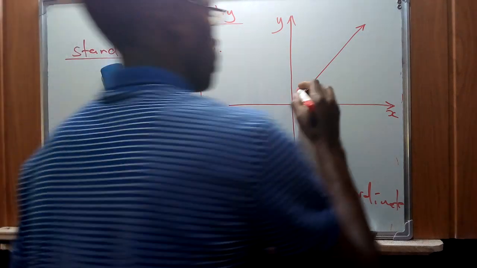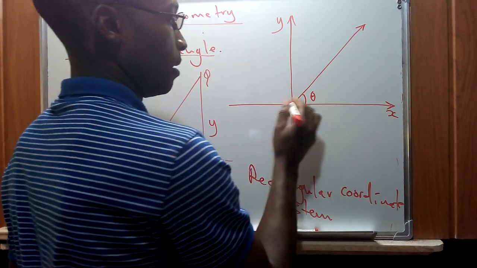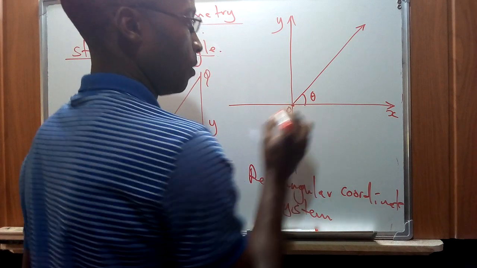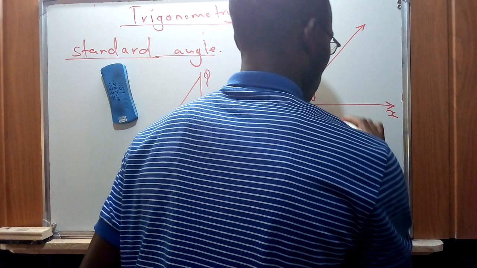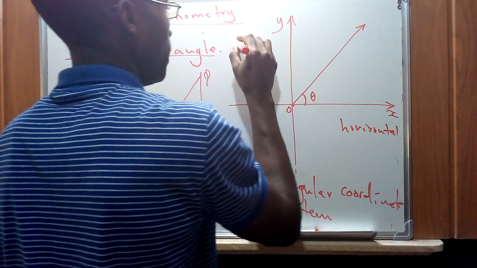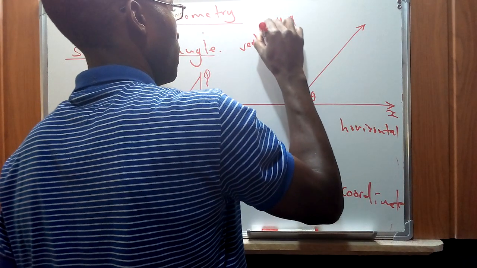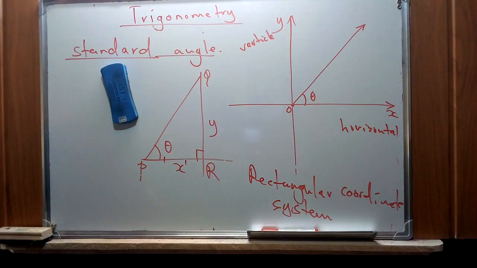There's going to be an angle formed between the intersection of this x-axis and that ray. From the point of origin, let's denote it as 0. So therefore, we're going to have x as the horizontal axis and y as the vertical axis.